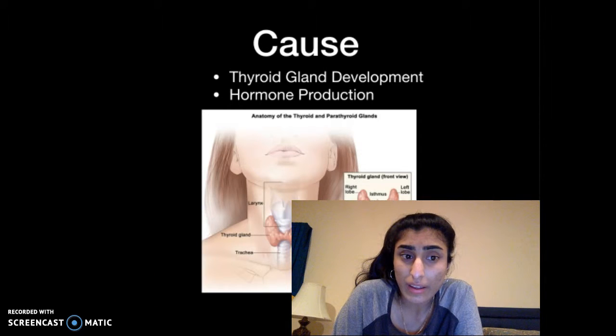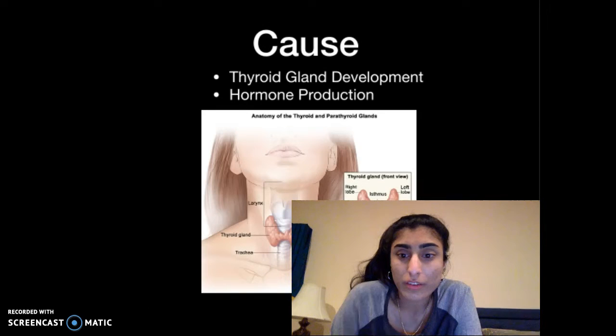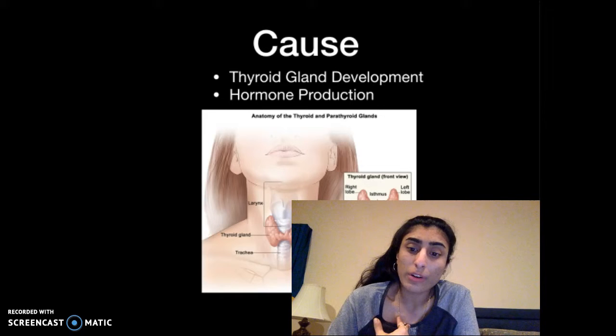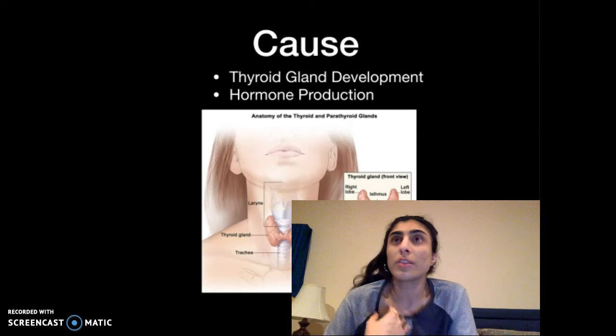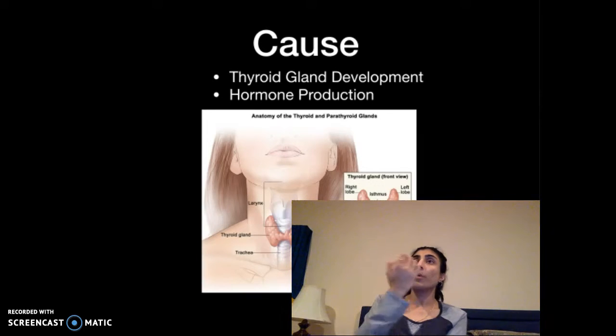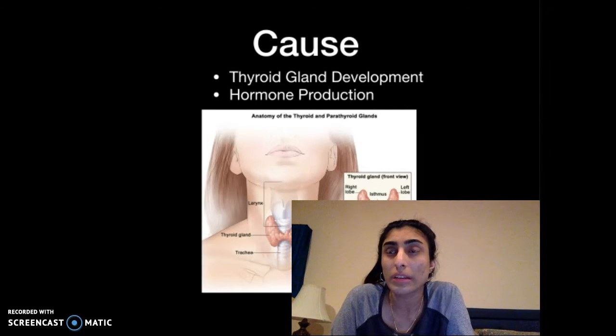So that was the hormone production. So thyroid gland development abnormalities are the most common cause again, and then hormone production is another possibility.